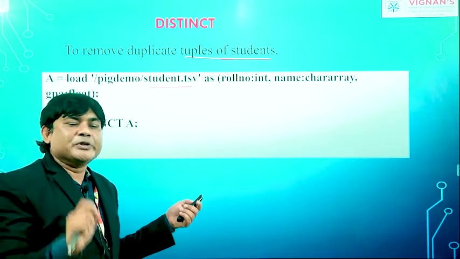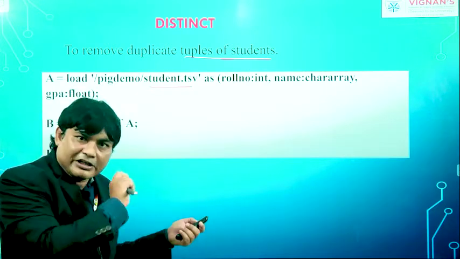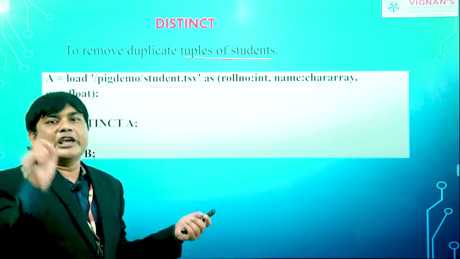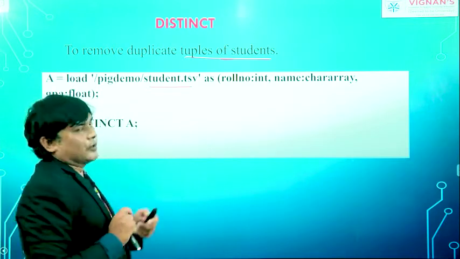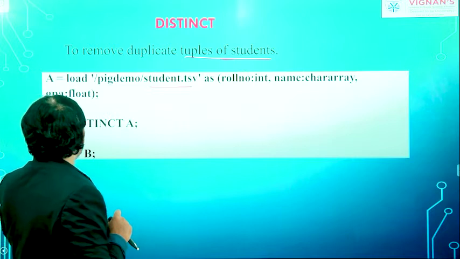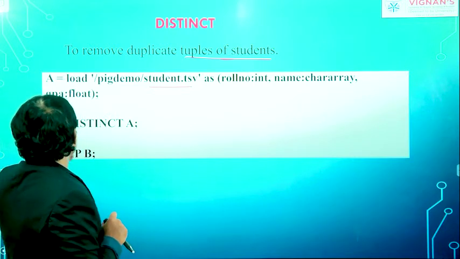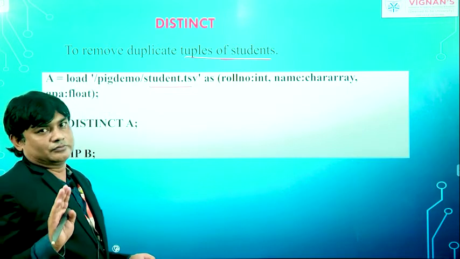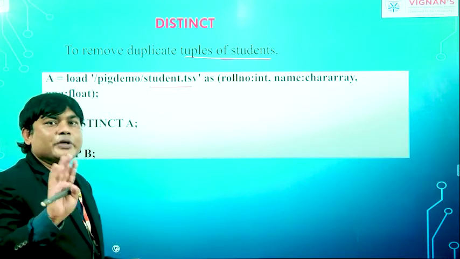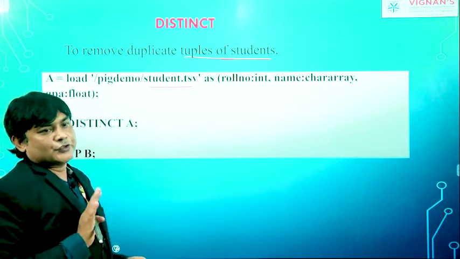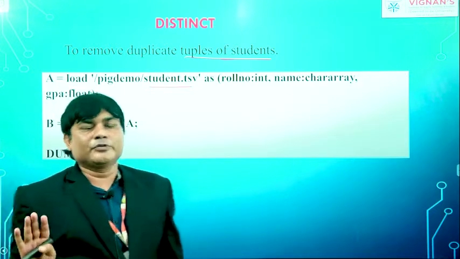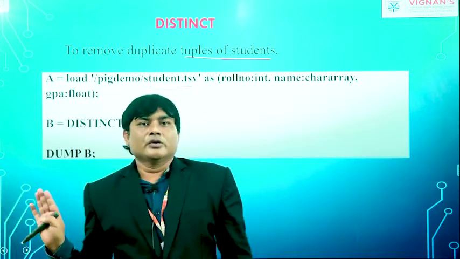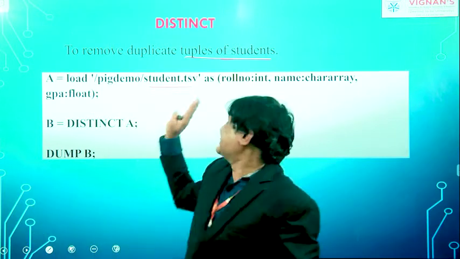So if you want to display unique data, we use the distinct operator. Dump B means in B you will have only the unique records. Duplications will be removed automatically.